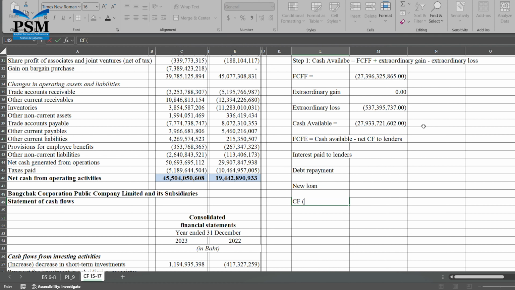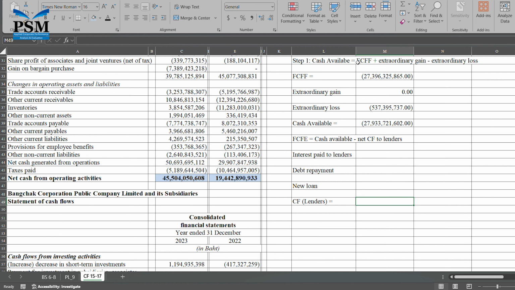This will give us the interest paid to lenders, the debt repayment amount, and any new loans taken from the lenders, which gives us the total cash flow to lenders. All these numbers come from the statement of cash flow.